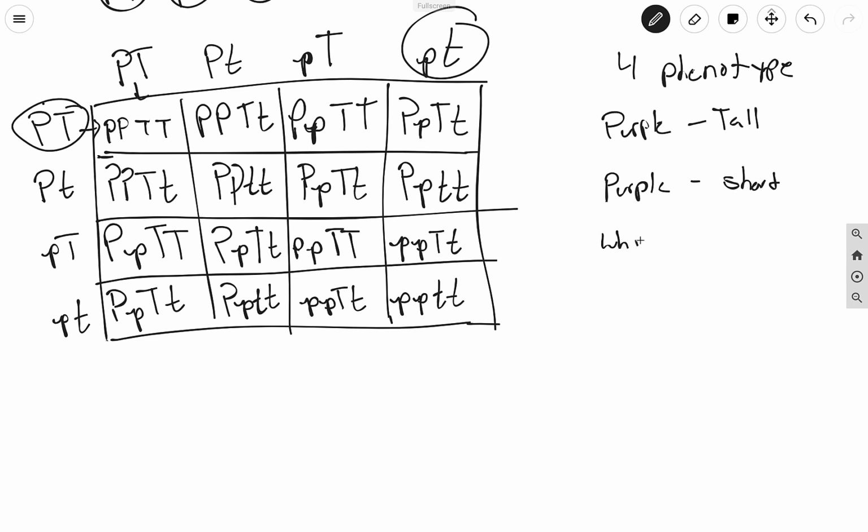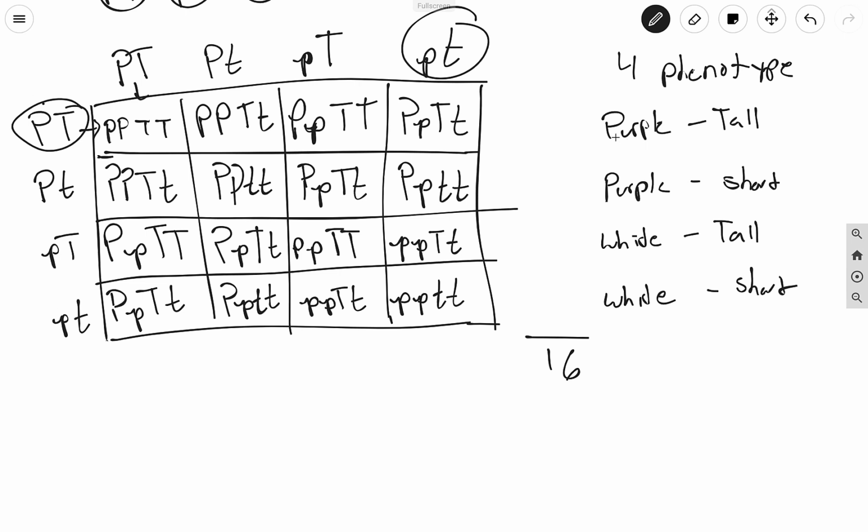A plant can be white and tall, or a plant can be white and short. So when we look through this Punnett square, we have a total of 16 boxes, which means that if we count each of these different characters, we should come up with 16 as the total number.